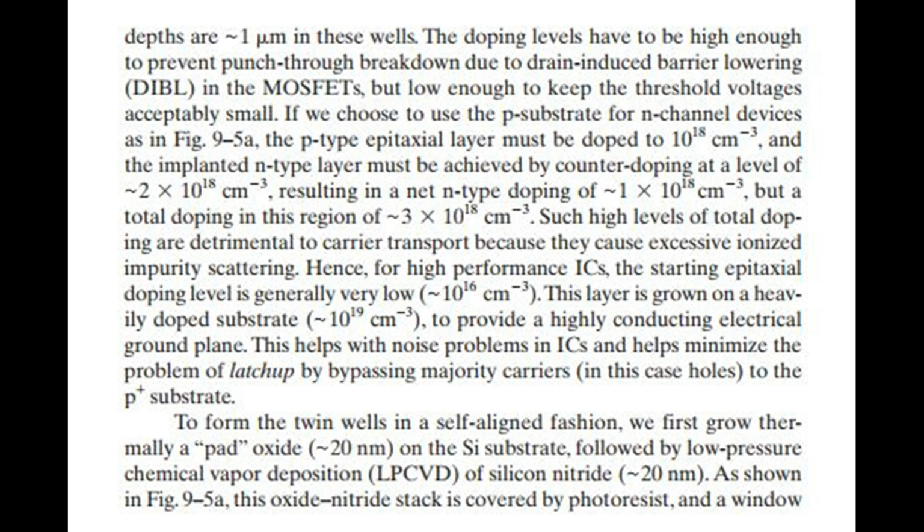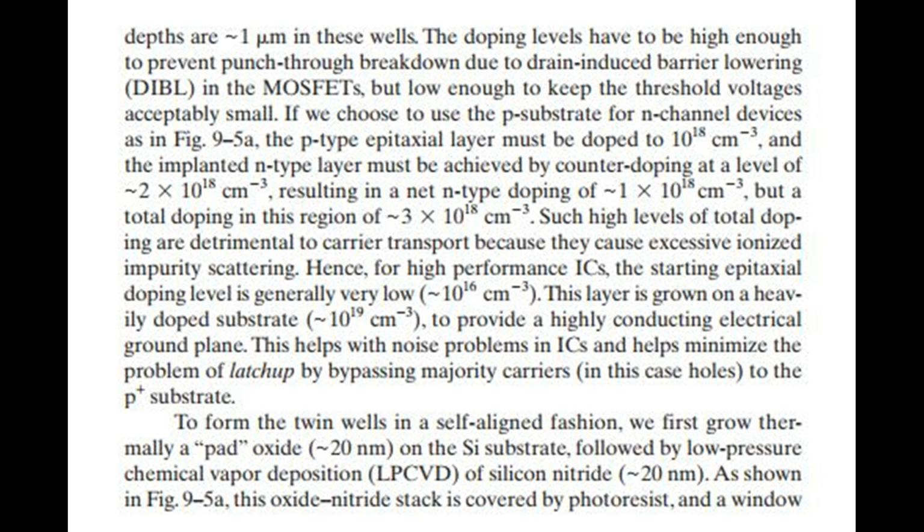The doping levels have to be high enough to prevent punch-through breakdown due to drain-induced barrier lowering, DIBL, in the metal oxide semiconductor field effect transistors, but low enough to keep the threshold voltages acceptably small.